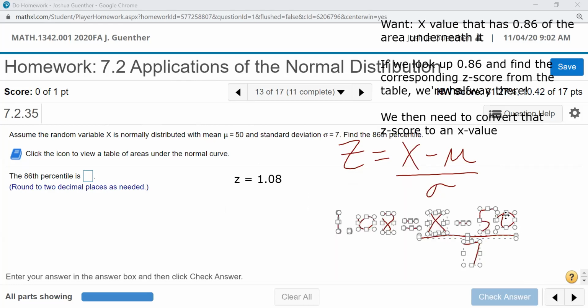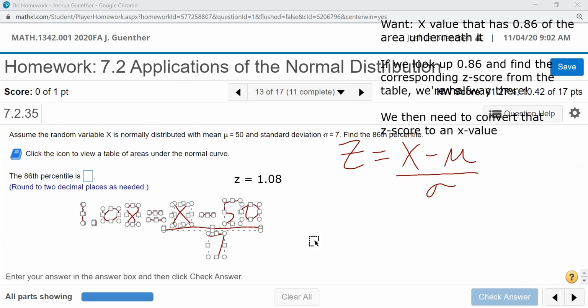And now we can solve for x. We can multiply both sides by 7. We can also add 50 after we do the multiplication by 7.